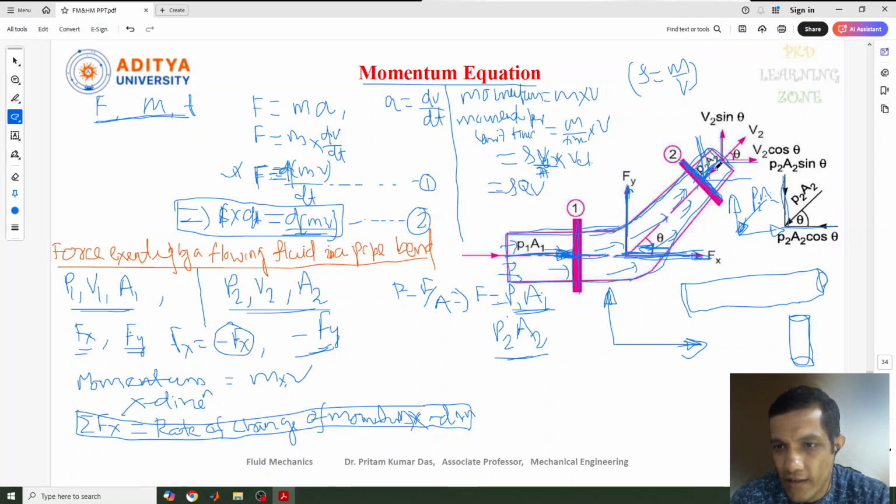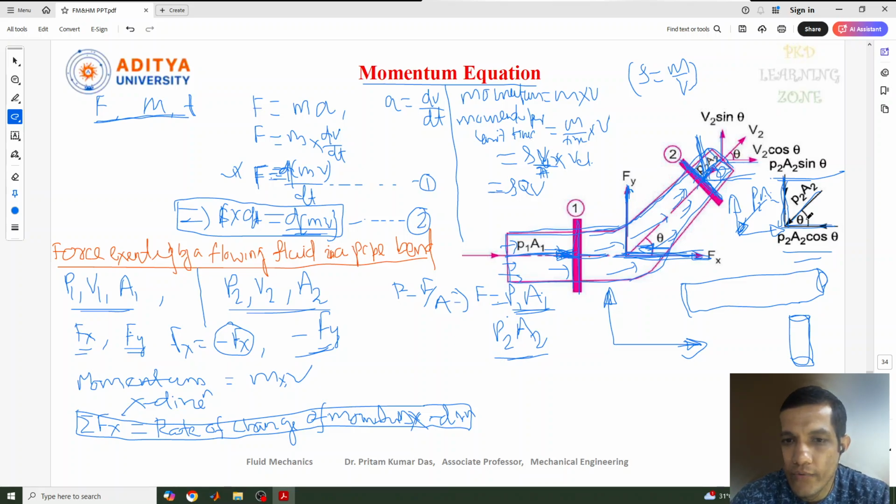This makes an angle of theta here, because the pipe is bending, it is not in a horizontal condition. Okay, now this pressure force needs to be resolved in the x direction as well as y direction. So if you resolve in the x direction and y direction, it is done already here. So that will be P2 A2 cos theta, and in the vertical direction P2 A2 sin theta.